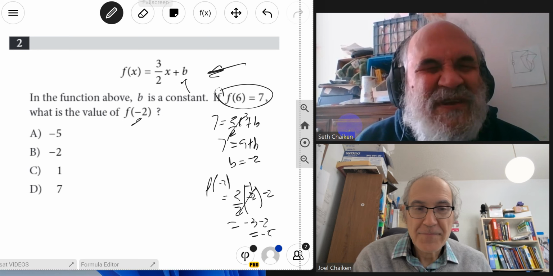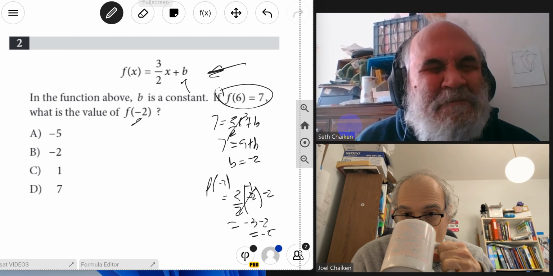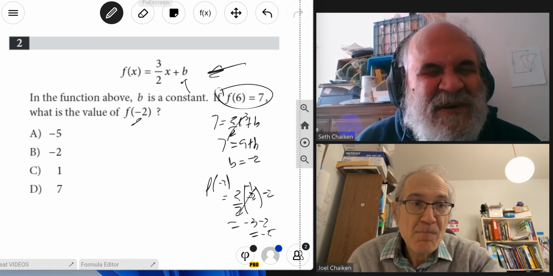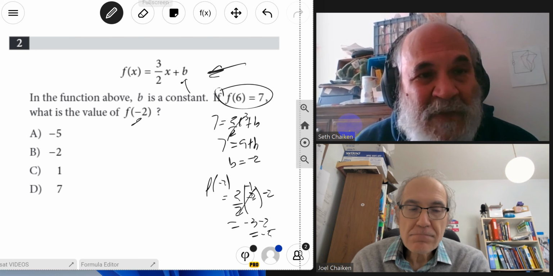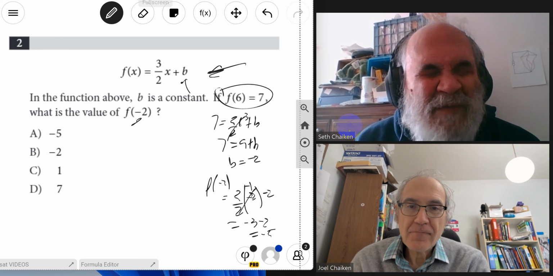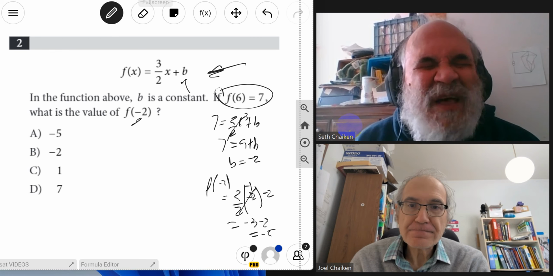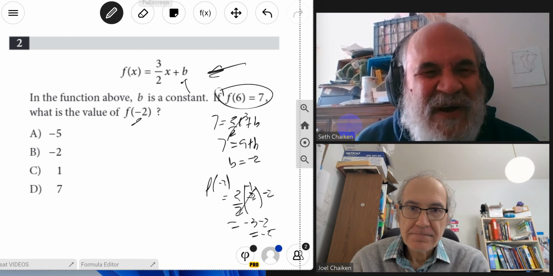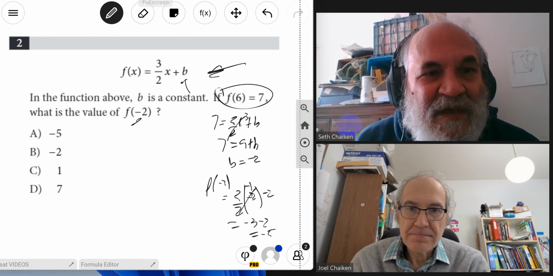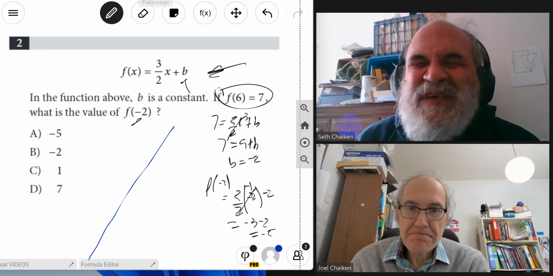The situation is we're given a so-called linear function, which mathematicians actually call an affine function, of the form f of x equals 3/2 x plus a constant. If you were to plot this function, it would look like this, right? I'm not drawing the axes.